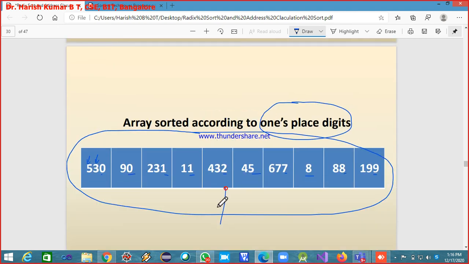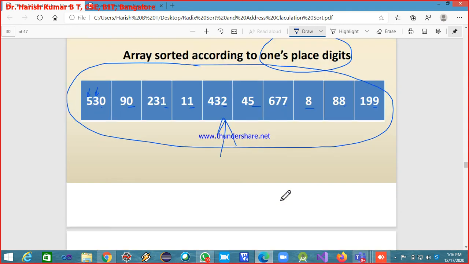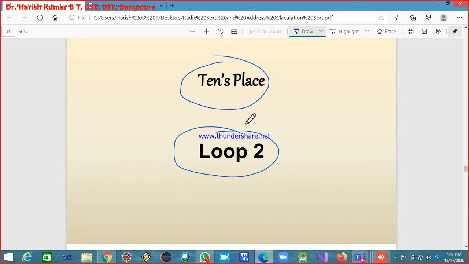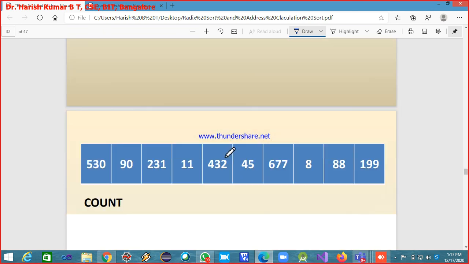We don't take the original unsorted array as the input to the second iteration. Remember, the output of the previous iteration is the input to the next iteration. Hope you people are following. The output of the first iteration, which sorted the unsorted array using the ones place digit, is the input to loop 2, where we are going to sort based on the tens place.